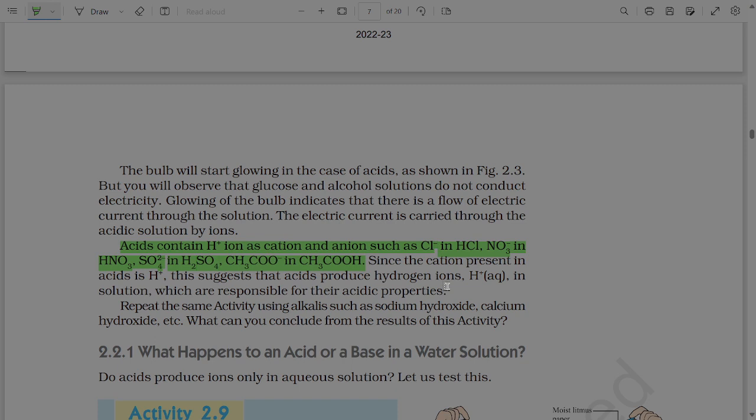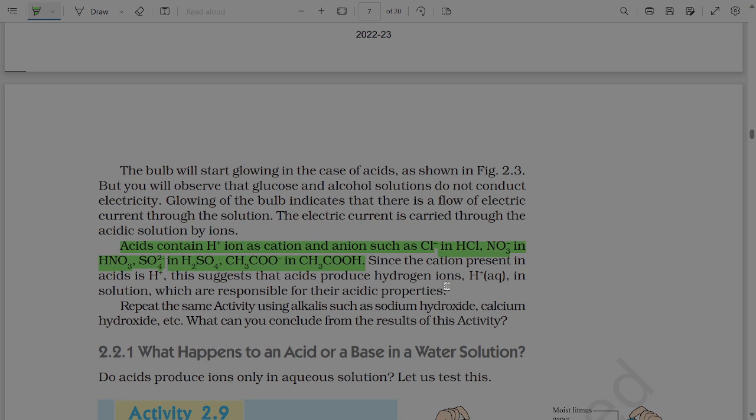So these acids contain H plus ion as cation or positive ion, and Cl minus ion, nitrate ion, sulfate ion, and acetate ion as anions respectively.